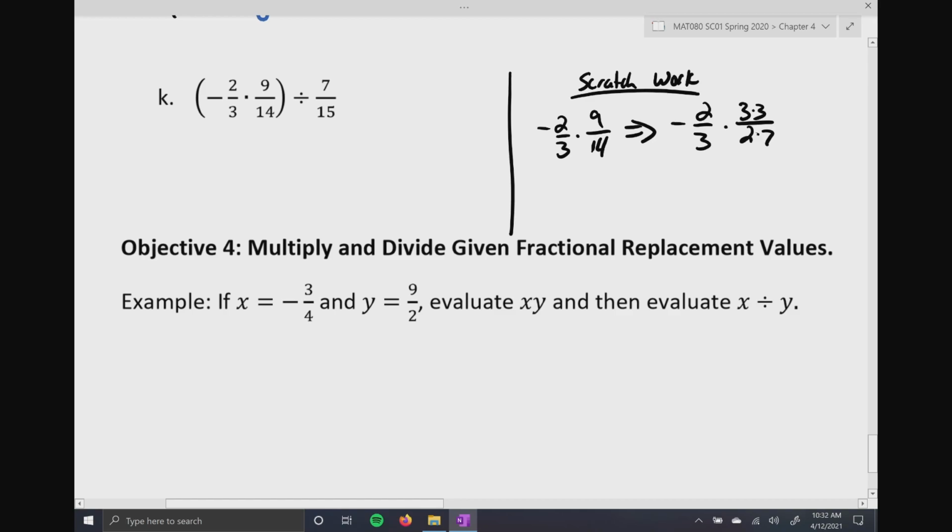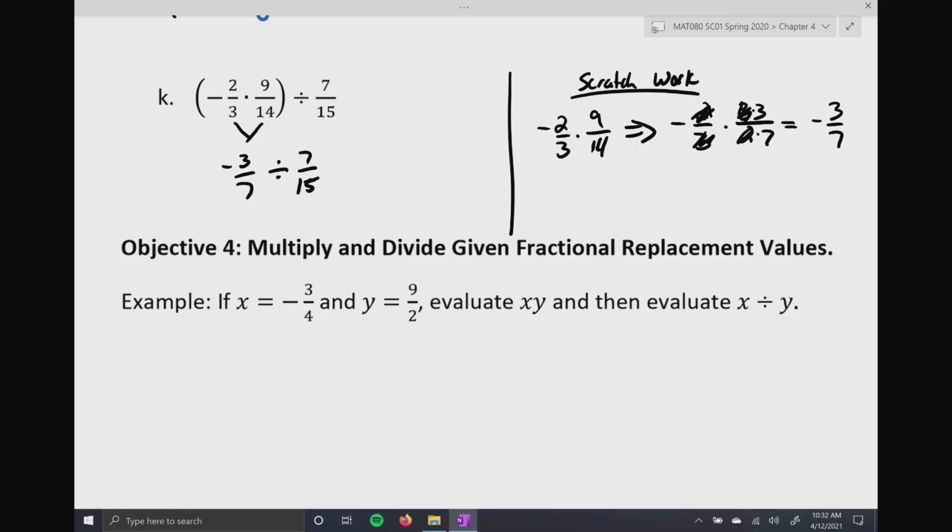I know 14 is 2 times 7. I look for numbers that are the same in the top and bottom. So that's going to be a 2 and a 3. So it looks like negative 2/3 times 9 over 14 is negative 3 over 7. Does that make sense so far, everybody?